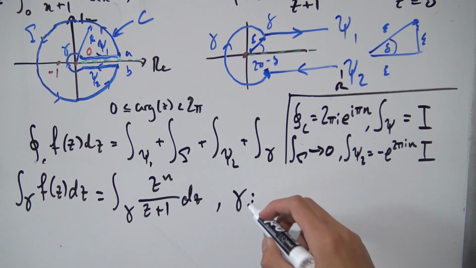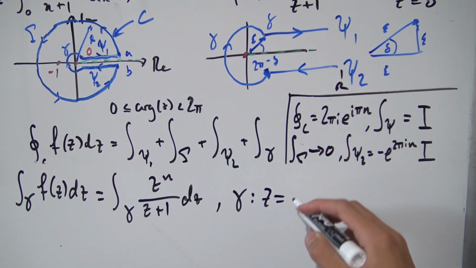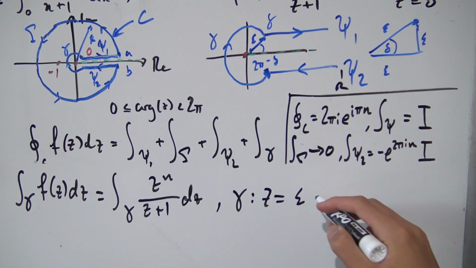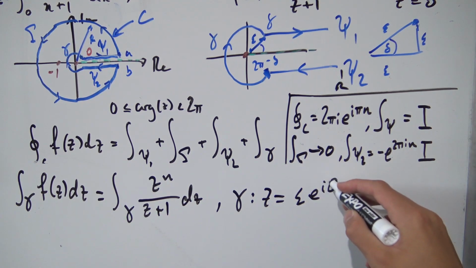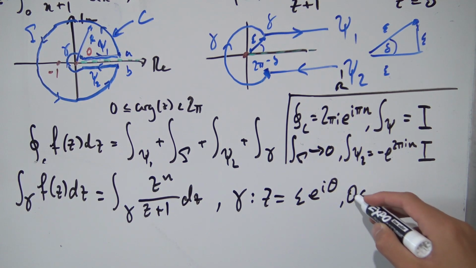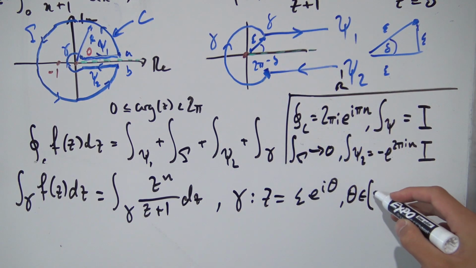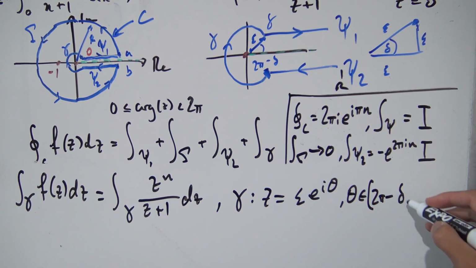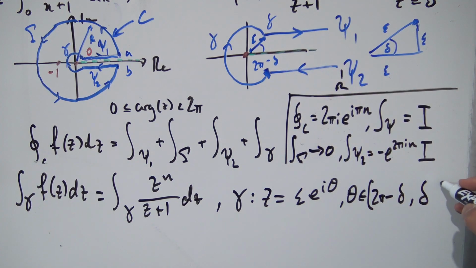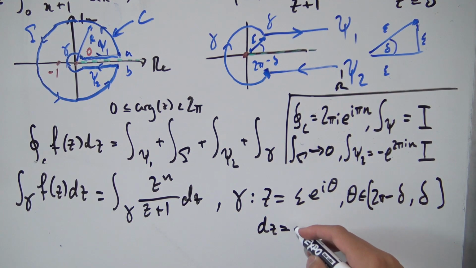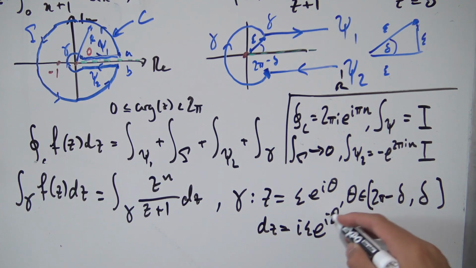So our gamma, we can parameterize it as z being equal to epsilon, because we're on a circle of radius epsilon, times e to the i theta, where our theta is between 2 pi minus delta and delta. So it's going to go all the way up to delta in the end. And differentiating both sides, dz is equal to i epsilon e to the i theta.